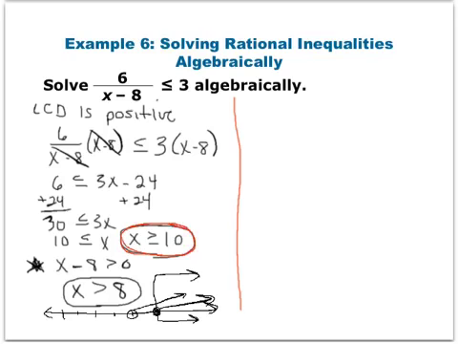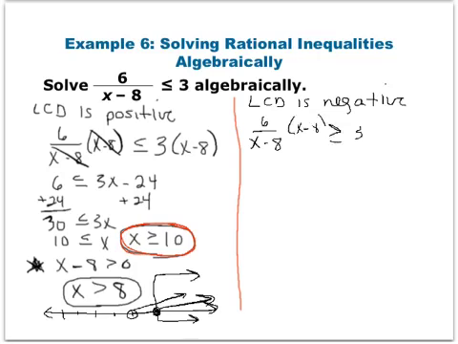The LCD is positive. Okay, so let's try the LCD is negative. So for this case, we have 6 over x minus 8, and now it's going to be greater than or equal to 3.